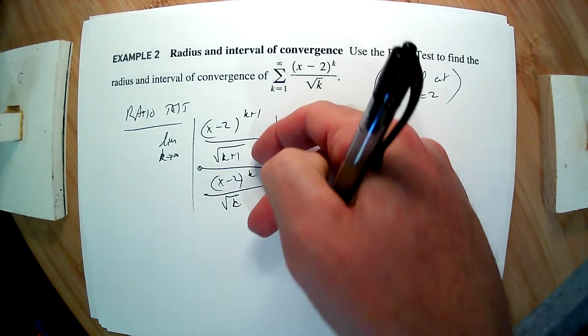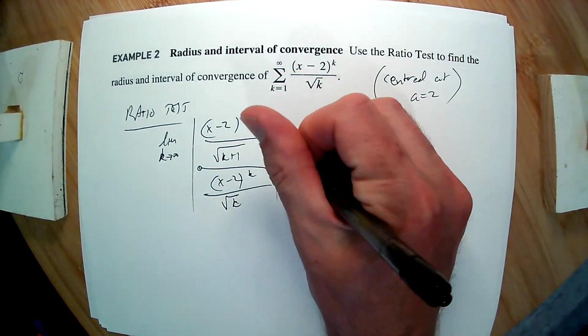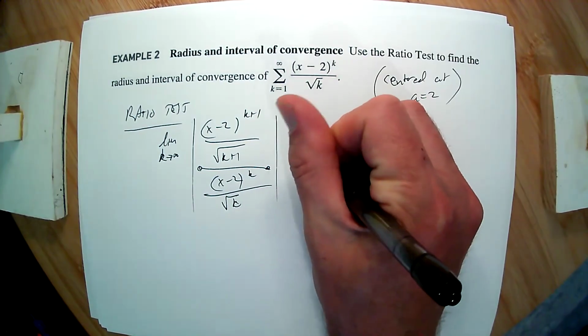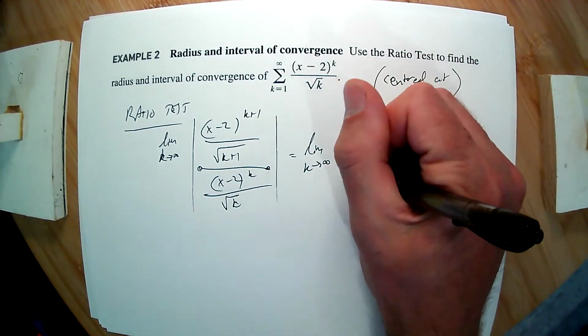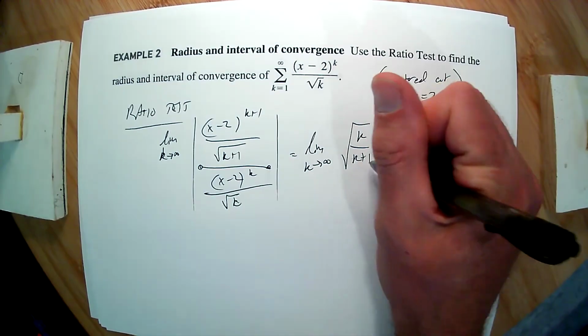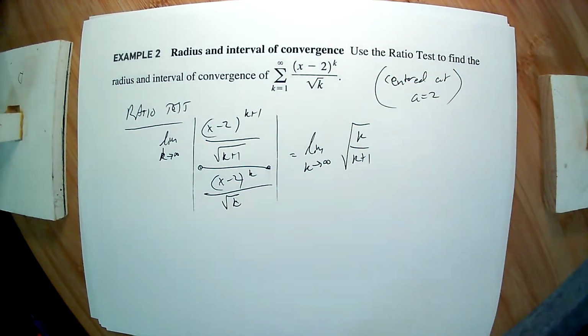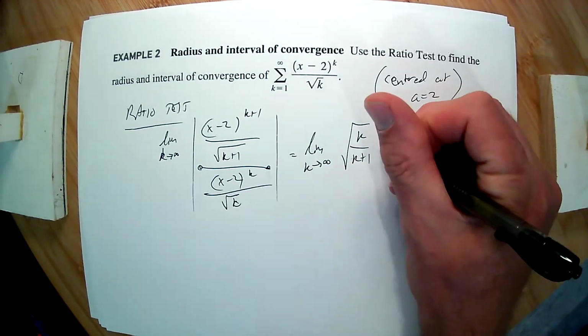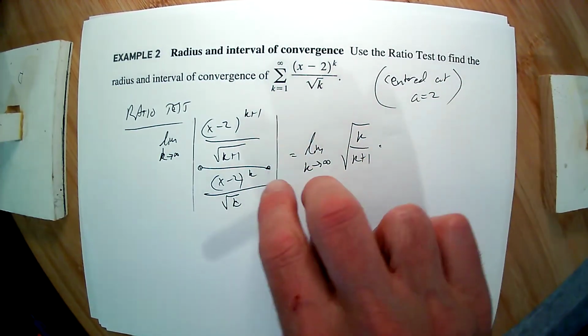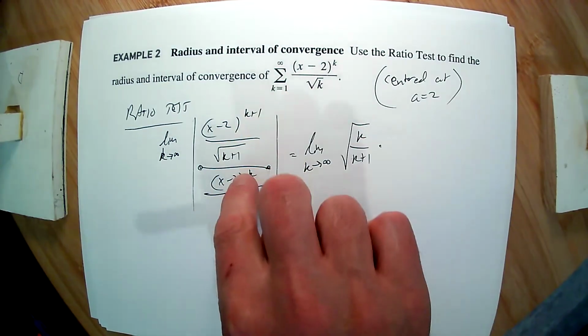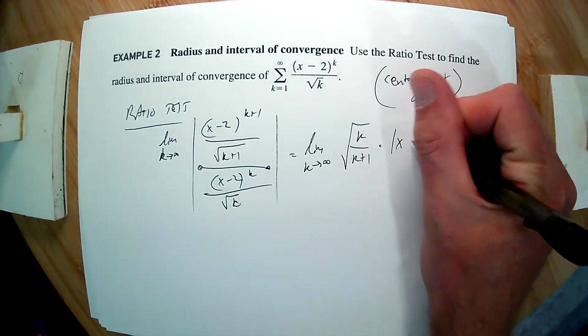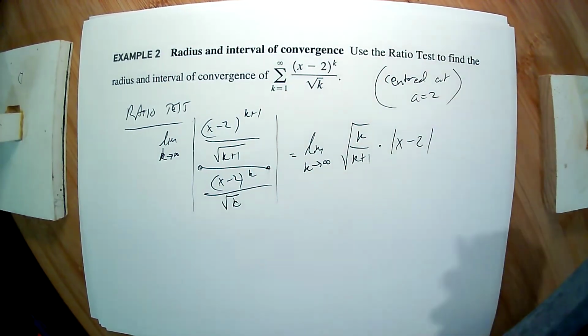Top times the reciprocal of the bottom, we're going to get a bunch of cancellation. This becomes the limit as k goes to infinity. You're going to have the square root of k over k plus 1. Again, top times the reciprocal of the bottom. That's what a k ended up on top. And then times what? Well, a lot of factors cancel here, top to bottom. So you have the absolute value of x minus 2 just to the first power.